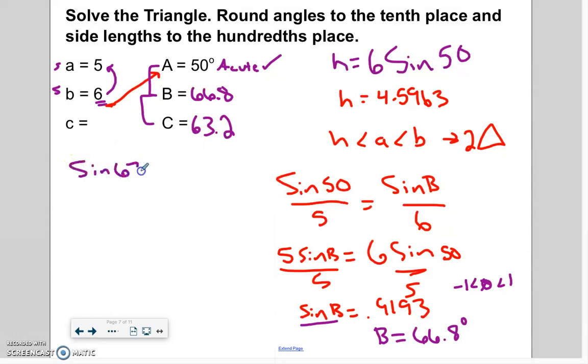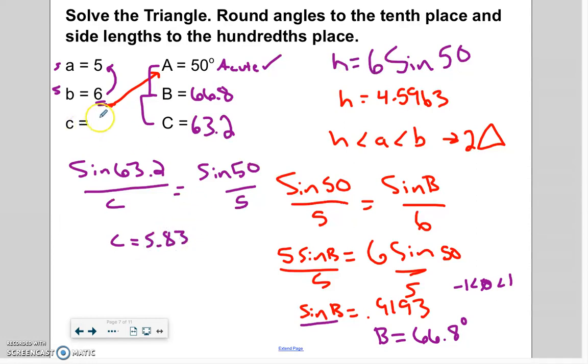Sine of that angle, 63.2, all over C is equal to sine of 50 all over 5. Cross multiply, find the value of C. We get 5 sine of 63.2 divided by sine of 50, and we get 5.83. That's the value for triangle 1.